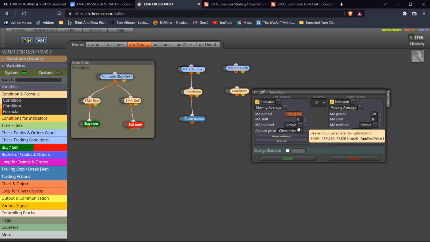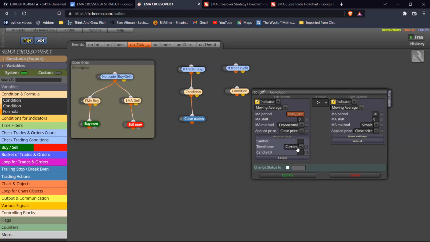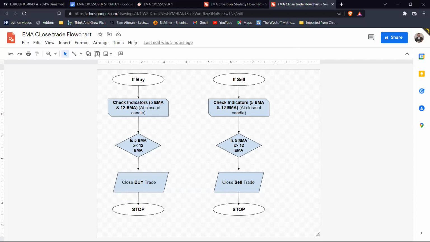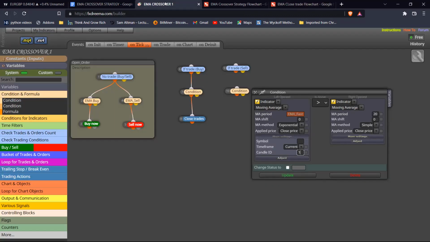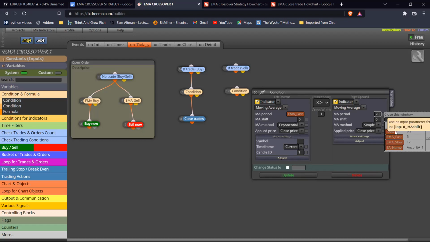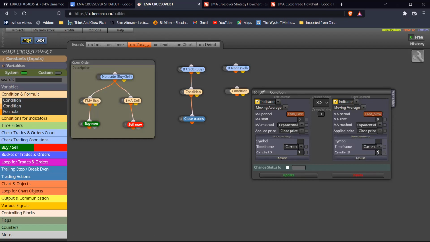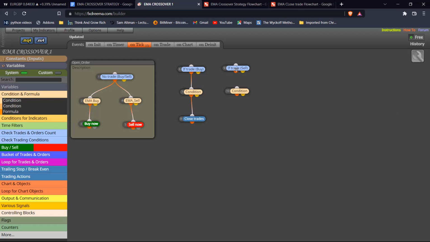This will be our fast. This would be exponential. We go under more settings, make sure we're looking at the current candle. And then we're looking to see if the 5 is crossing above. So we're looking at crossing above. We are looking at the slow, the exponential, and we're also making sure we're looking at the current candle. Okay, and then we update and we're done with this. And we connect this like so.